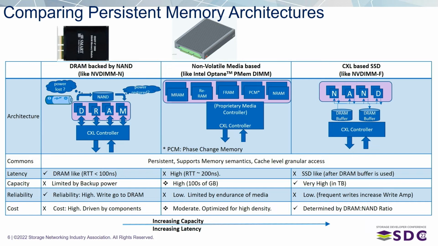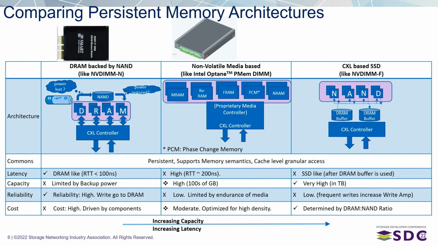NVDIMMs do, Optane DIMMs do, and even the CXL-based SSDs would do, because again, they are using CXL.mem, not NVMe. So these are the common features. But where they differ is the latency, capacity, reliability, and cost. And these are the four factors which will determine what type of memory architecture you would use.